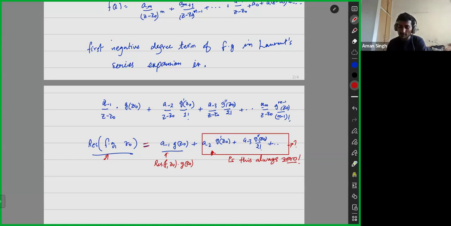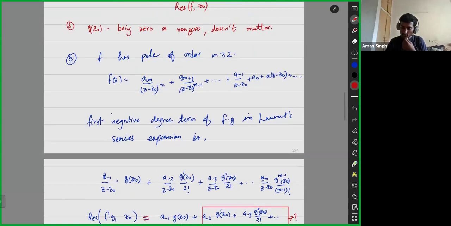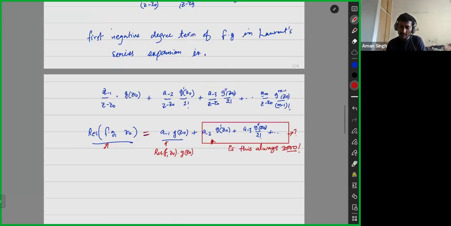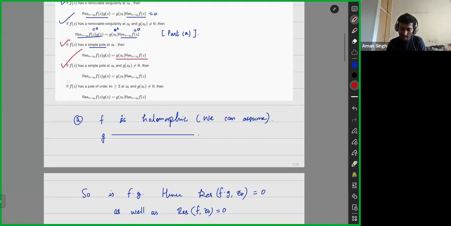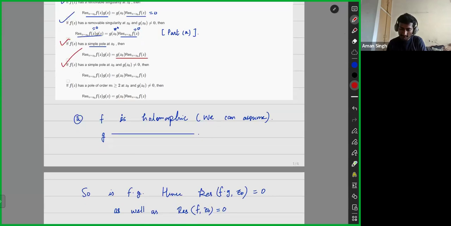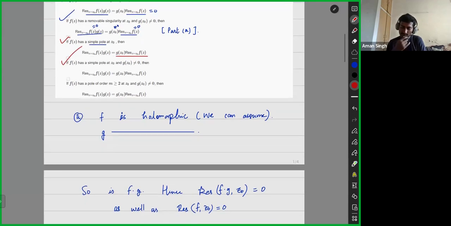We can leave it, or try to give some counterexample here. Okay, I think we can try some basic counterexamples. g has to be a holomorphic function, and f has to have some pole of order bigger than 2, with g of z naught non-zero, and I'm telling this will be wrong.